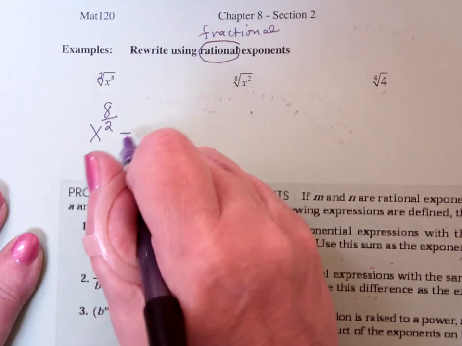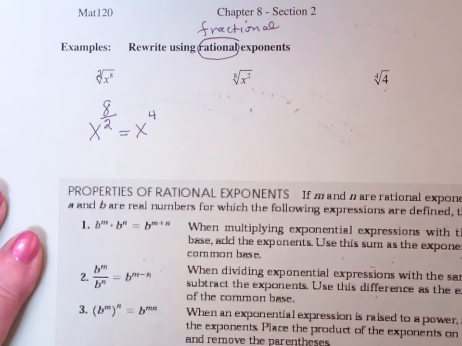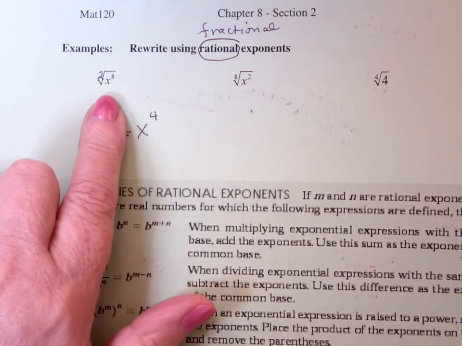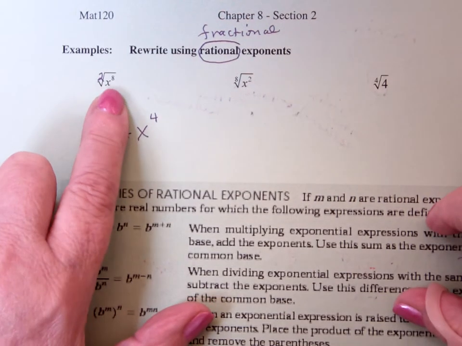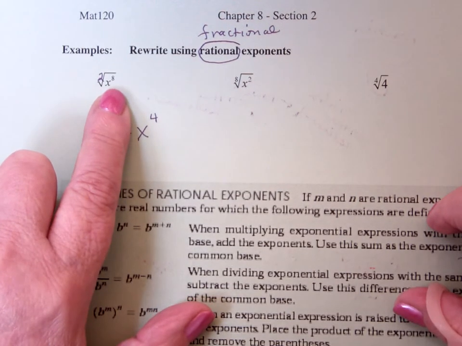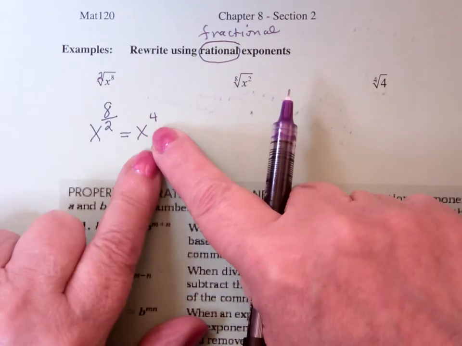If I reduce this down, it's x to the 4th. Now remember when we were simplifying radicals that we took the index divided into the power? 2 divides 8 four times, so it was x to the 4th.